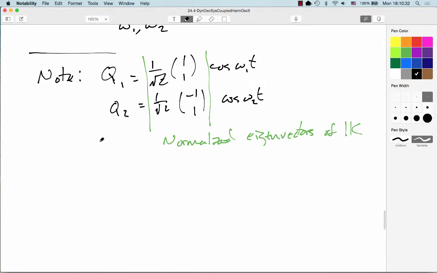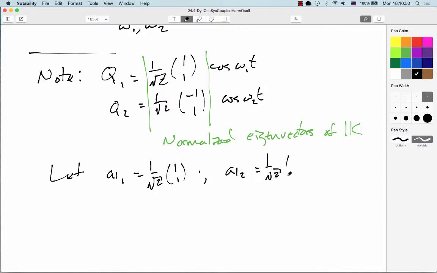All right, so anyway, following from that, we can go ahead and let our A1 equal 1 over root 2 (1, 1), and our A2 equal 1 over root 2 (minus 1, 1).